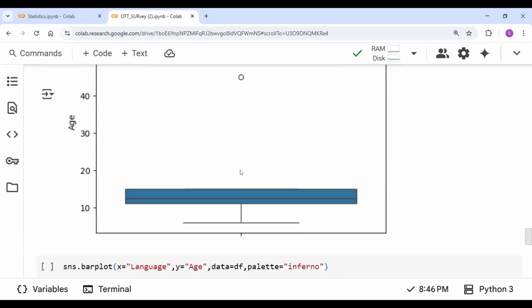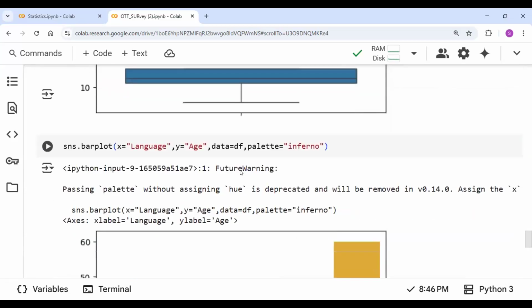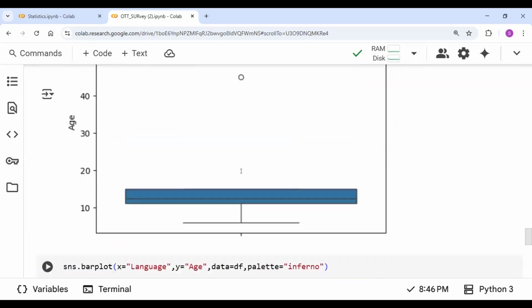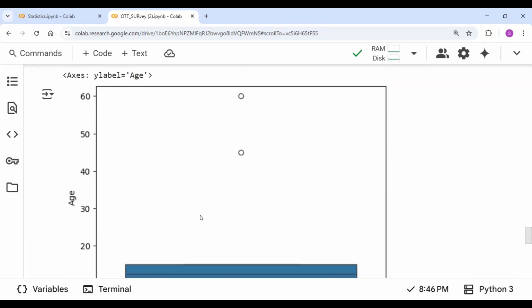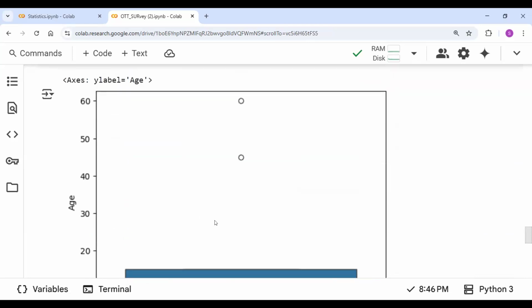Right? Are you getting it? And using the visualization tools, the graphical method also, you can explore the data. So it is a bivariate analysis. You can explore this analysis using three formats, guys, especially.